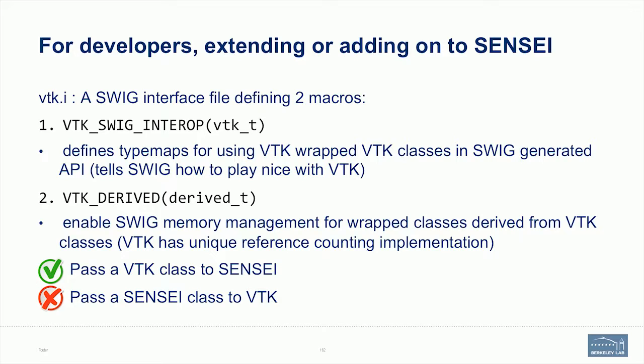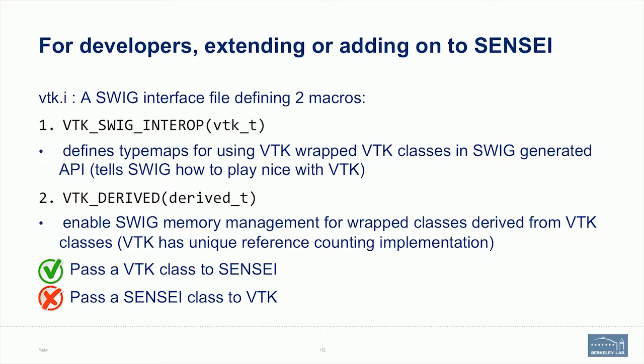The first one is vtk swig interop. You pass this the name of your class, and you use the full qualification if there's a namespace. So in the case of SENSEI, it's SENSEI::class name, because we have everything in a namespace.